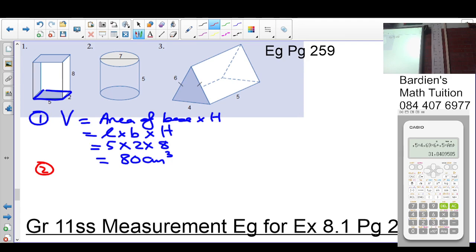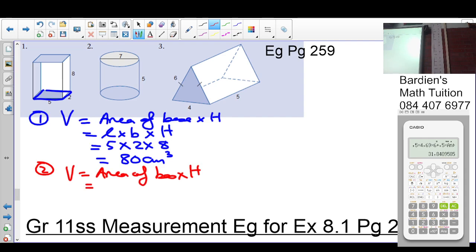What type of shape is number 2? It's a cylinder. The volume of a cylinder is area of base times height.